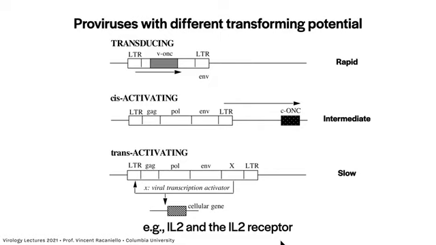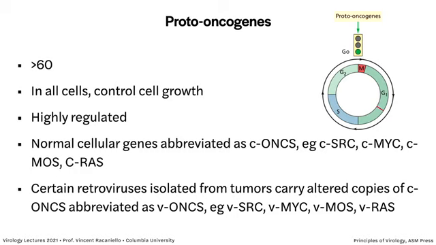Someone asked, could I explain one more time the distinction between C and V oncs? So C onc is the name of the gene in the cell that encodes the oncogene that's involved in growth control. And V is the viral version. These are when retroviruses pick up the C onc and carry it in their genome. So in some cases, it's the same gene, so SARC can be the same.